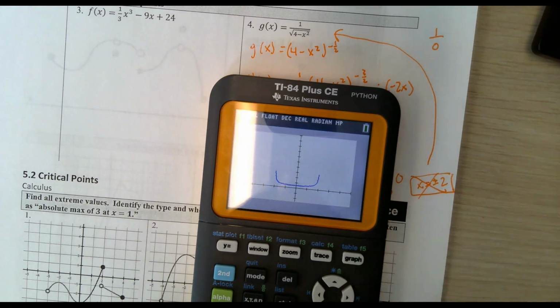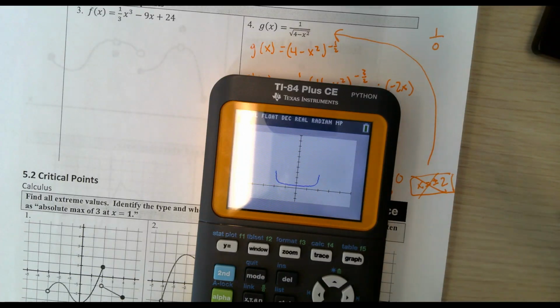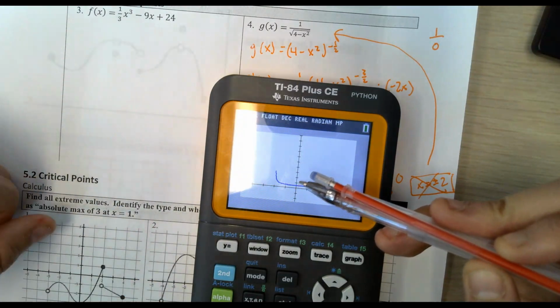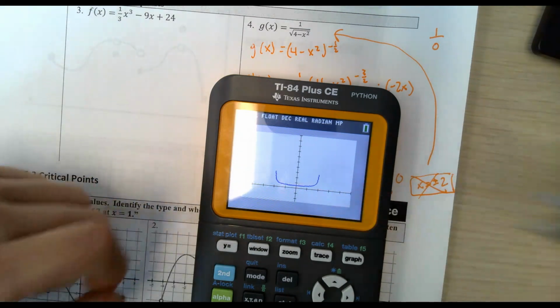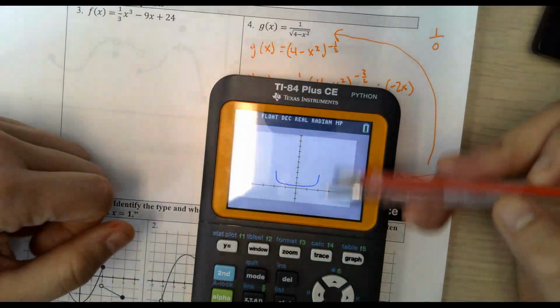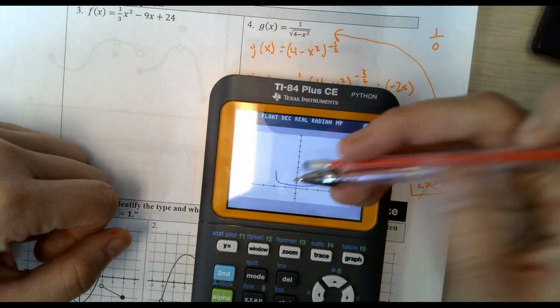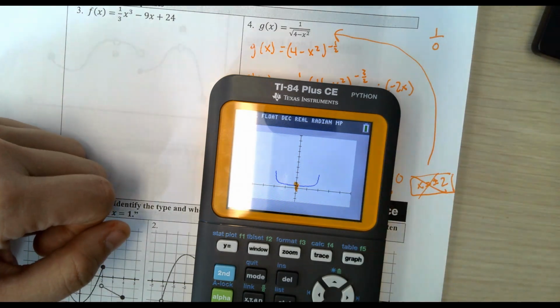All right, we see we have this smiley face sort of cup thing, right? And so we have a minimum right here. You sort of can't tell, but it's the bottom of the hill. And then at 2 and negative 2, we don't have a value. It doesn't exist. So we only have one critical point right there. Right? That's our only extrema.